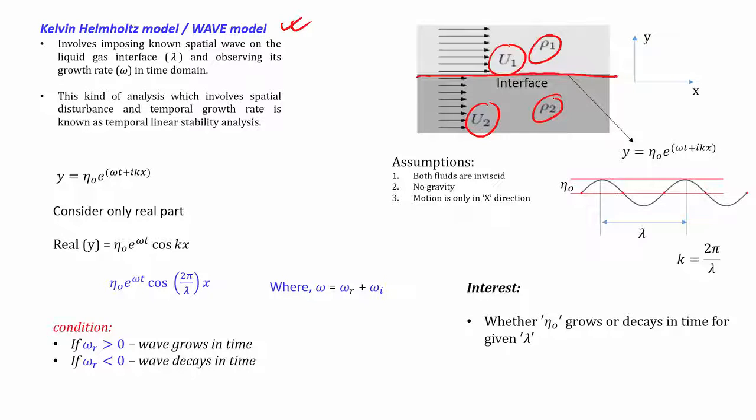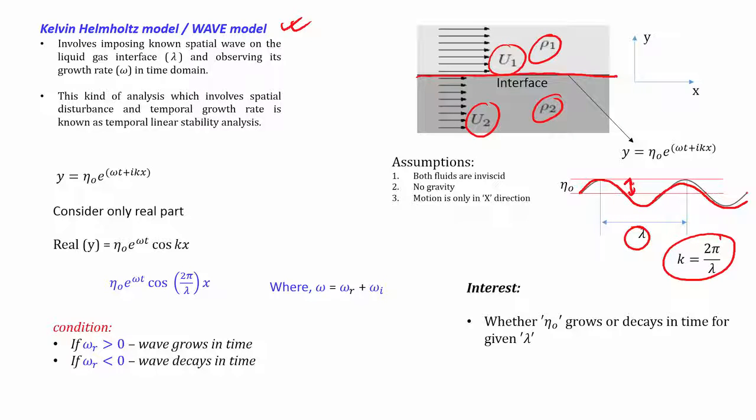And what happens is that this interface undergoes small perturbations. That perturbation's wavelength is given by lambda, and the corresponding wave number is given by that. So this is an infinitesimal perturbation of the interface.